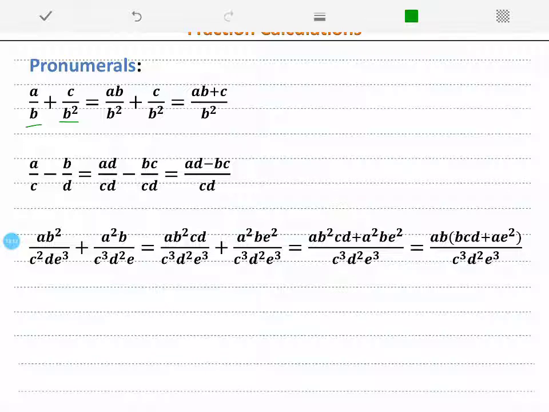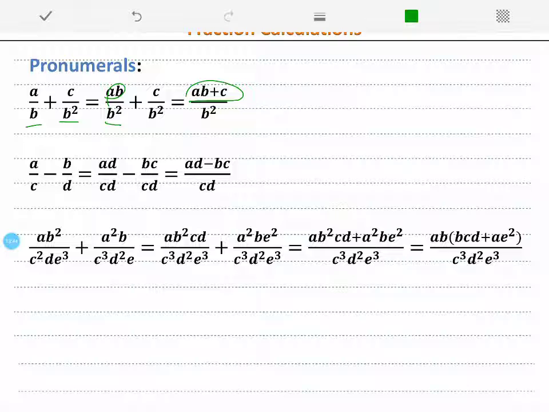So the second fraction remains the same, but the first fraction becomes something with denominator b squared. So b becomes b squared, that means b times b equals b squared. So the numerator has to be multiplied by b, which becomes ab. Then just simply add the numerators together. So ab plus c over b squared.